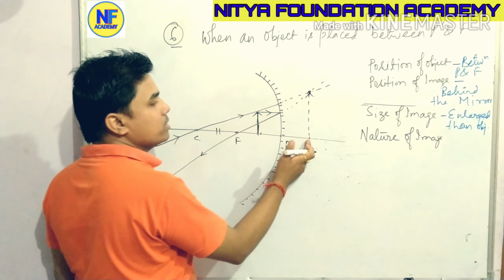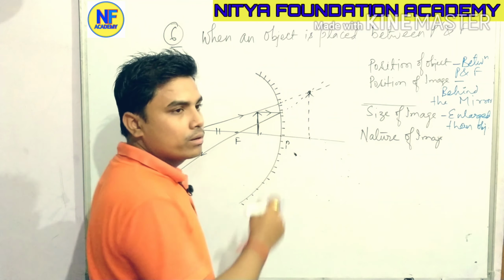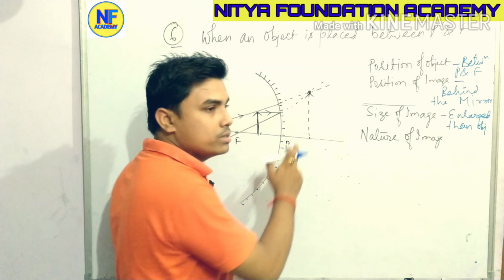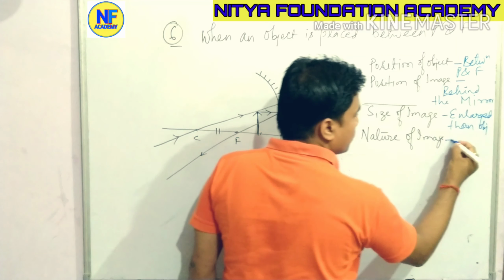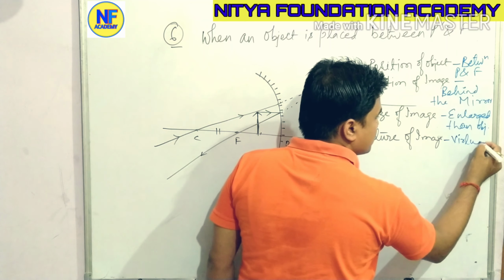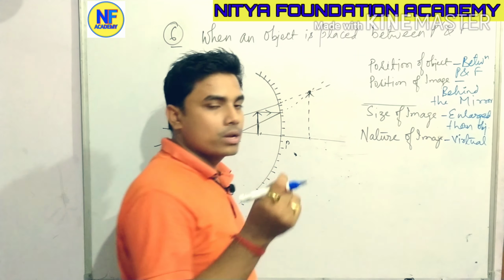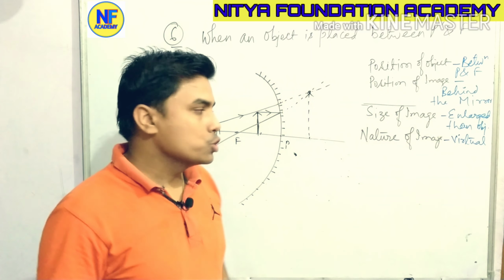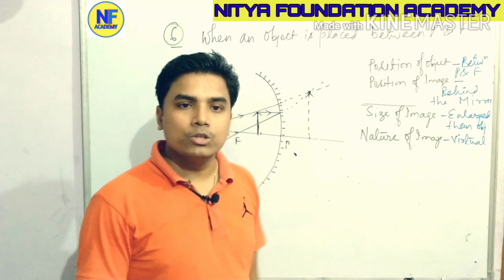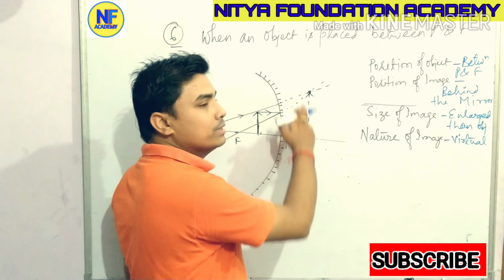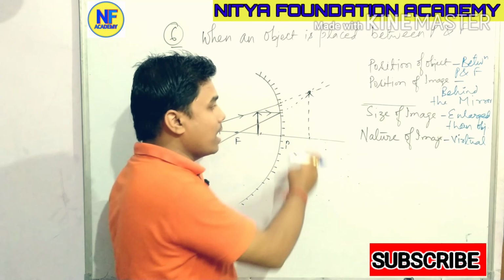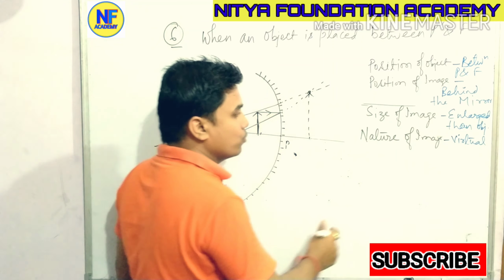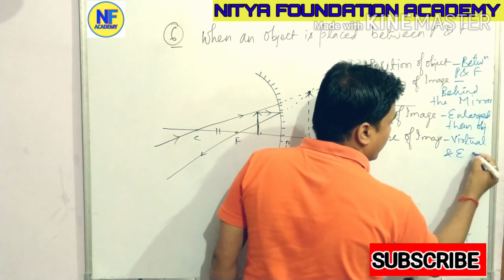And the nature of image: you can see that this is the dotted ray diagram, so we find that it's a virtual image, so we will write here virtual. And as I said, with the term real we use inverted, so with the term virtual we will use erect, because you can see that the image is not inverted, that image is erect, so we will write here virtual and erect.